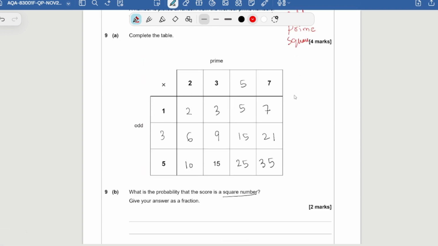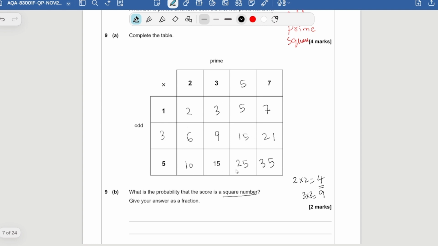Square numbers are those numbers which are a number multiplied by itself. For example, 2 times 2 gives me 4. So 4 is a square number because its square root is 2. The other square number is 9, because 3 times 3 gives a number multiplied by itself.